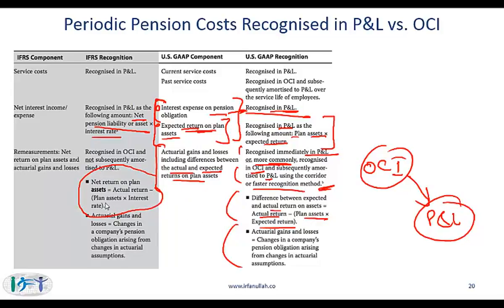Remember, here we subtracted plan assets into the interest rate because in IFRS we just use that interest rate term. But under US GAAP, we subtract plan assets into expected return because expected return is the rate associated with the plan assets. Actuarial gains and losses is a change in company's pension obligation arising from changes in actuarial assumptions.